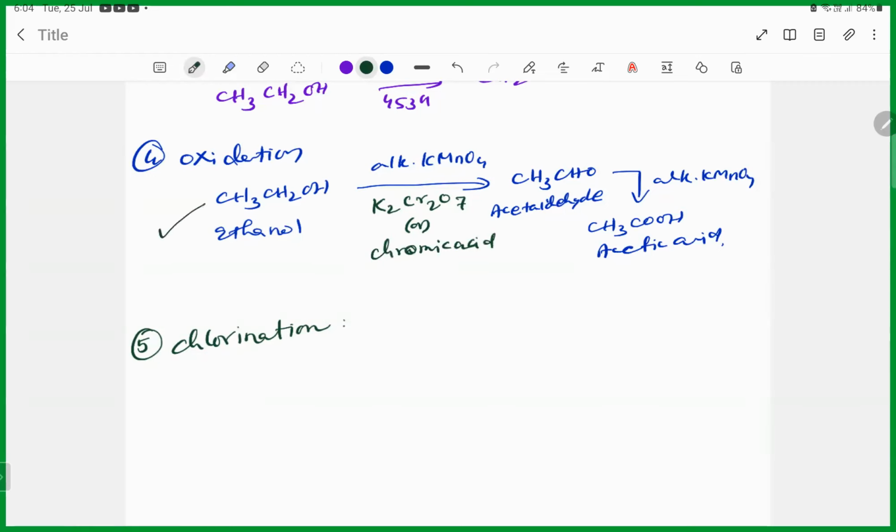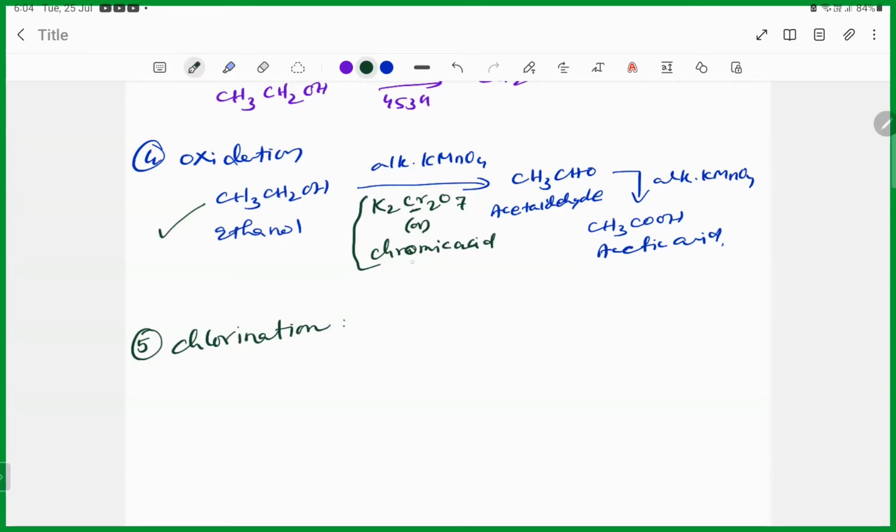Whether a person has taken alcohol or not, we can find out by using acidified potassium dichromate. When the alcohol is blown into it, it gives green color vapors, because potassium dichromate is orange in color. The chromium oxidation state is different.